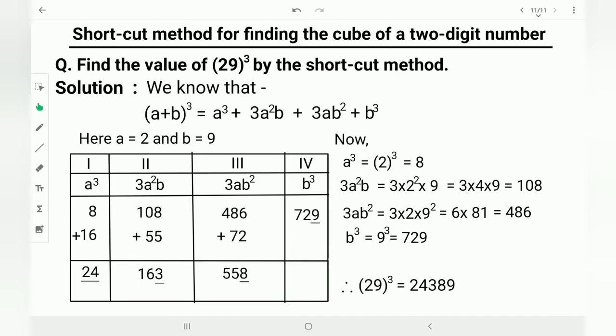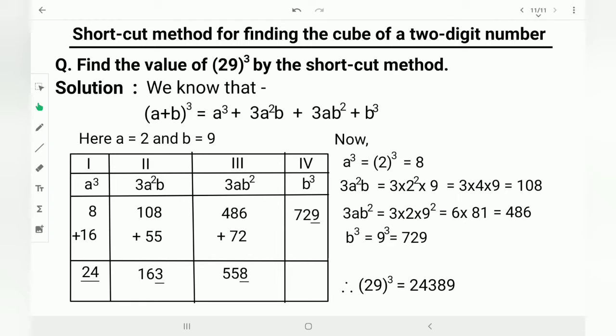Then I have written in the first column 1, in the second column 2, in the third column 3, in the fourth column 4 here. And below the first column a cube, below the second column 3a square b, below the third column 3ab square and below the fourth column b cube.